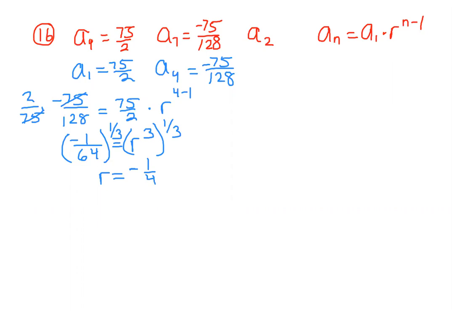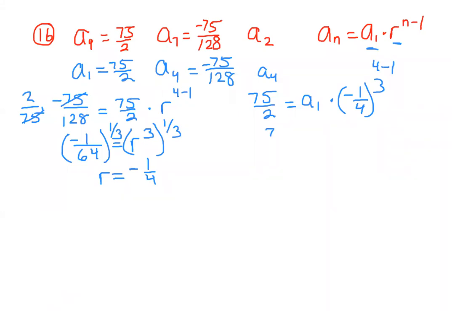And now I can go ahead and find a2 by saying, oh no, wait, that gave me r. So there's a lot of ways I could do this. That gave us r. We're actually going to have to find a1. So let's go ahead and do that by saying a4 equals a1 times this to the third, because this is a4, so this is 4 minus 1.